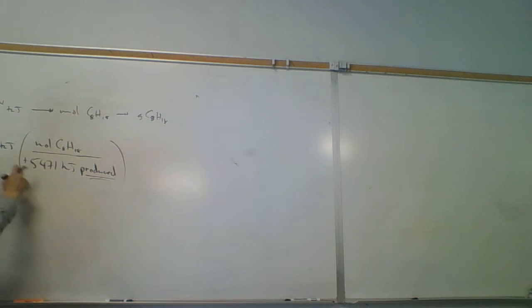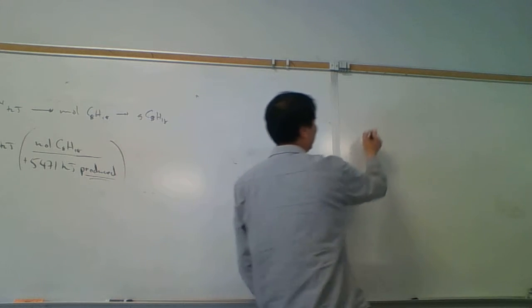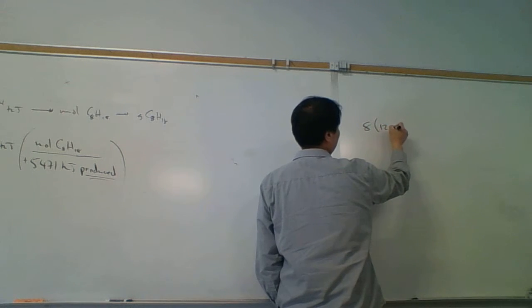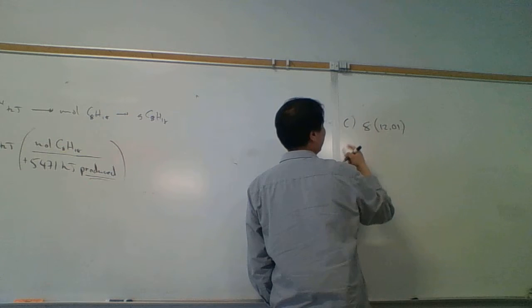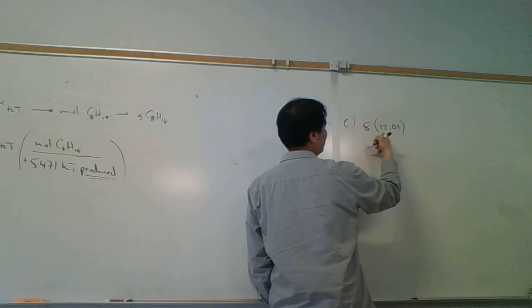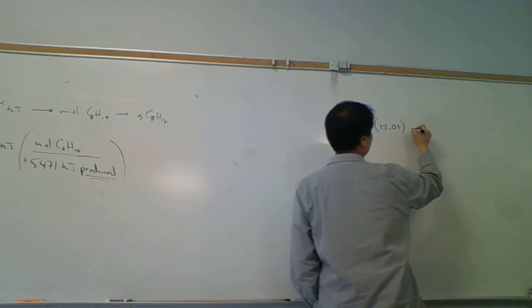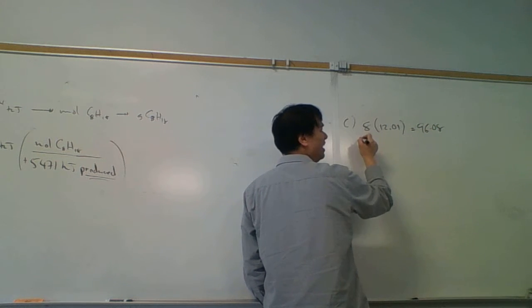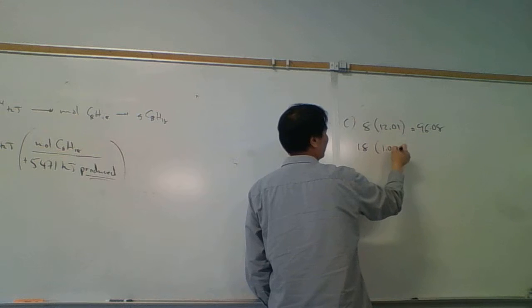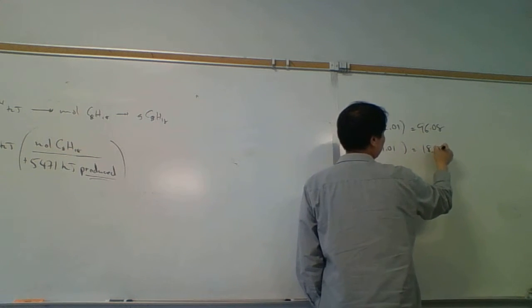And so then we've got moles, and then octane. Octane is 12 for each carbon. So 8 carbons, that's 96.08. And then 18 hydrogens, it's going to be 18.18.